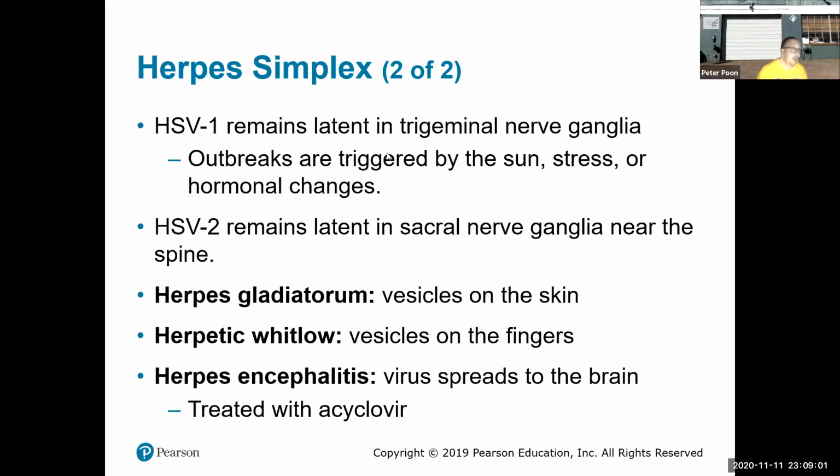HSV1 stays in the trigeminal nerve ganglion. HSV2 remains later in the sacral nerve ganglia. Basically, they do the same thing as chickenpox. They come out occasionally when you're under stress or your immune system is low.